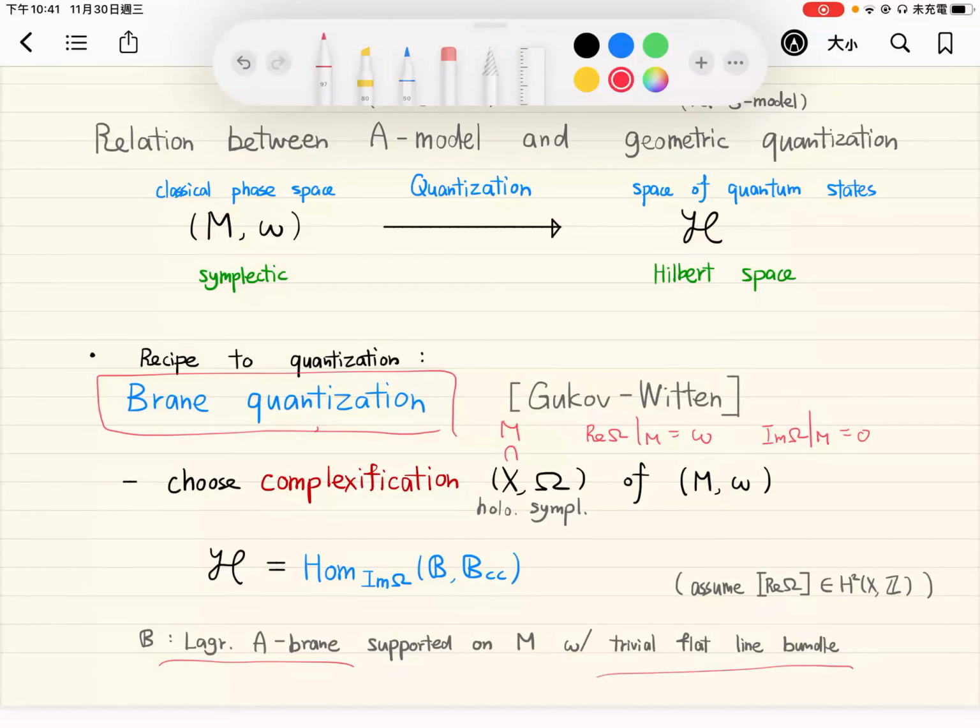So now we have the first brane, and the other brane is the BCC brane, assuming that the class containing the real part of omega is integral. I'd like to emphasize that this is really a physically defined Hom space at that time. Then they have a physical claim linking this physically defined Hom space to the quantum Hilbert space in geometric quantization.